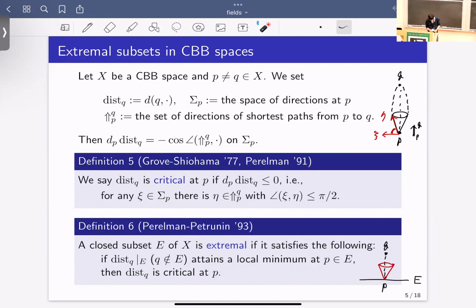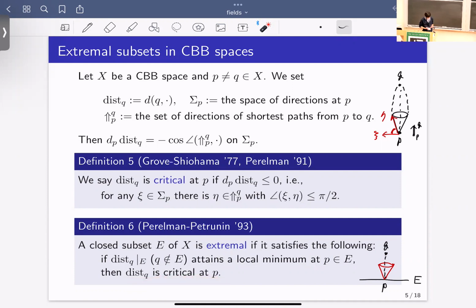So now we can define an extremal subset. A closed subset E of X is called extremal if it satisfies the following condition. Imagine you have a point Q outside E, and suppose the distance function from Q restricted to E attains a local minimum at P. Then P is a critical point of dist Q. Okay?